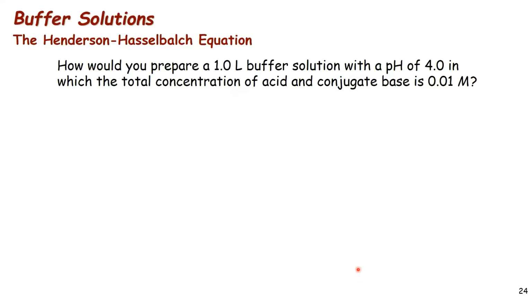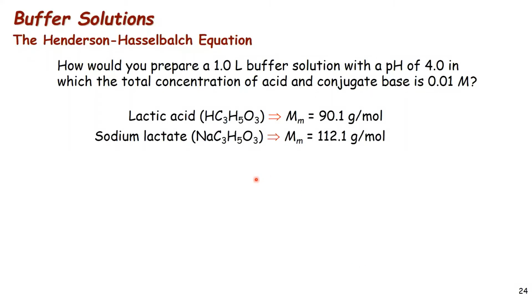Okay, so now we have those molarities, but again, these things come as solids. We don't buy solutions of them. We're going to buy a jar full of them, which is a solid. So we'll buy the lactic acid. And we can't buy a jar of lactate ions because you can't buy ions. So we need to buy it as a neutral salt. As we discussed earlier, we're going to use either a lithium, a sodium, or a potassium salt.